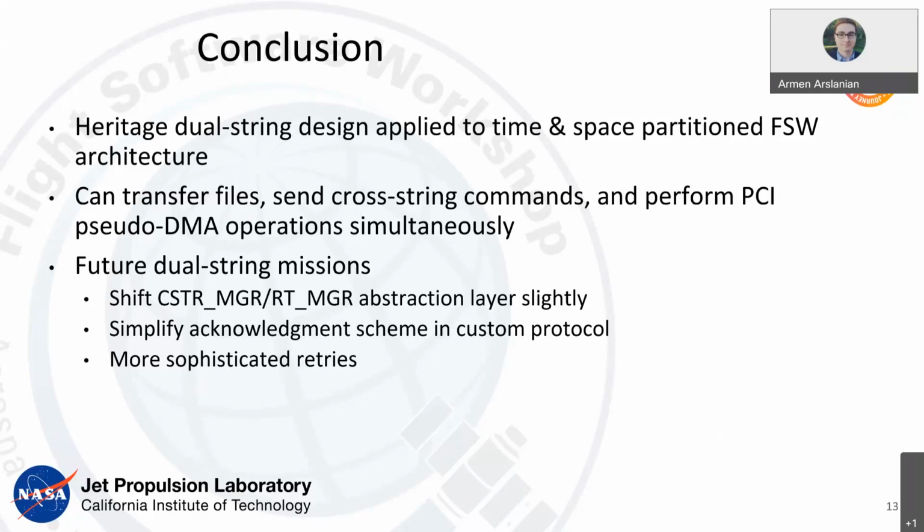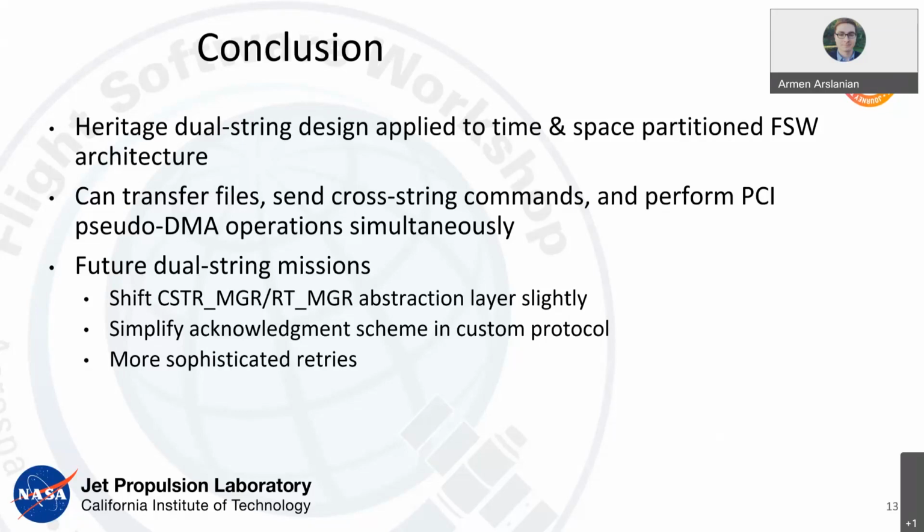And we do this via 1553, as we showed in a few diagrams. And we're able to determine which string is prime and which string should be the backup based on the hardware signals that we showed earlier in this presentation.